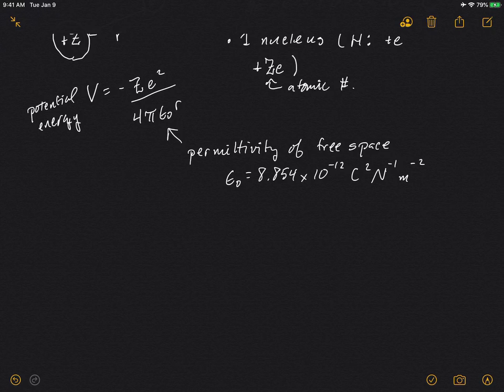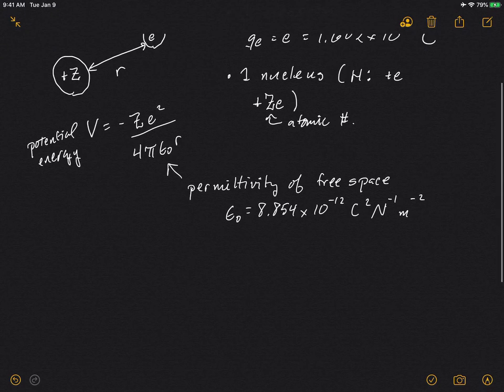So now implicitly here, I'm not considering the motion of the nucleus itself. We're going to assume that the nucleus is fixed, or essentially we're implicitly switching to relative coordinates with reduced mass, like we did previously with the harmonic oscillator and the rigid rotor.